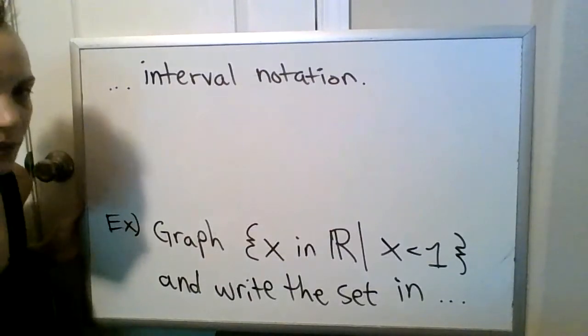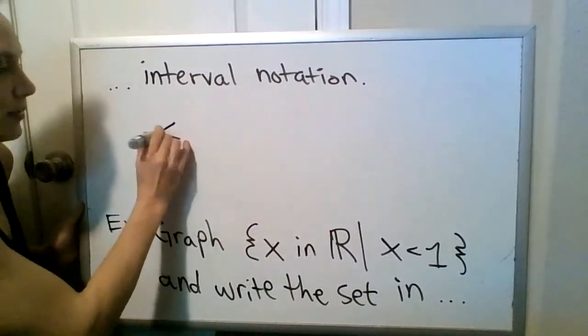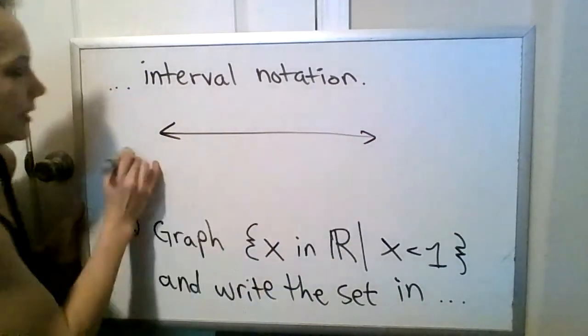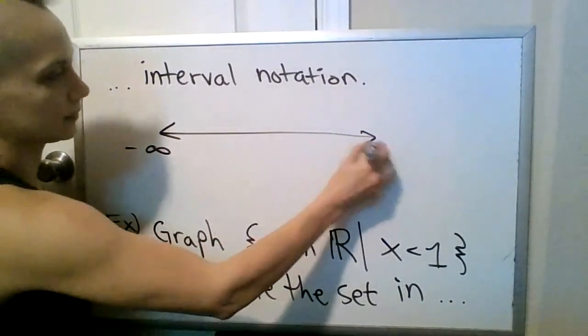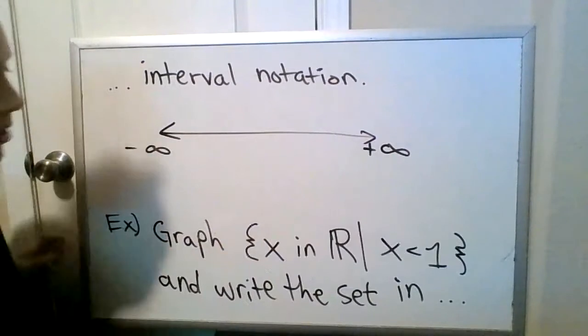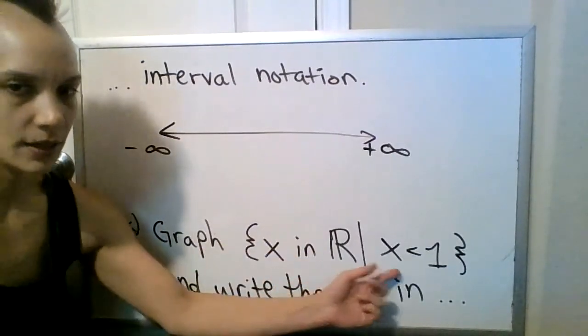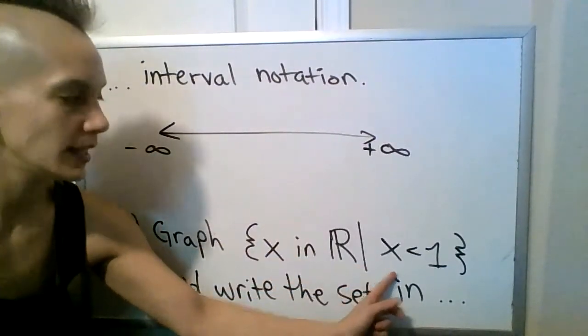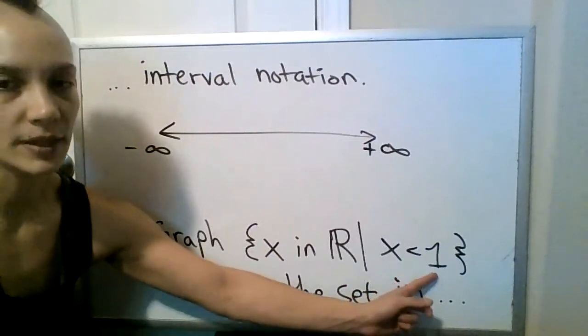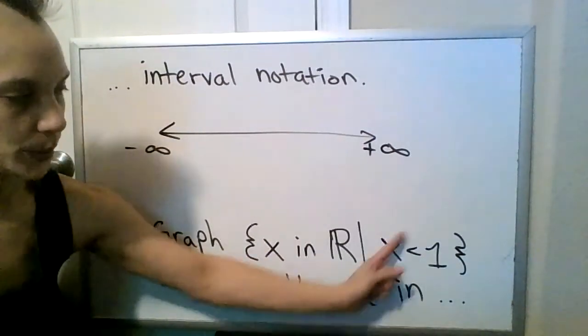Cool. So the graph goes from negative infinity to positive infinity. Check out your set and read the inequality part and graph the number 1 with an open circle.